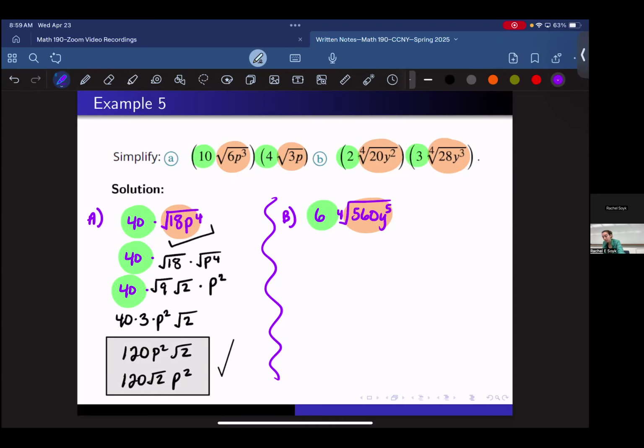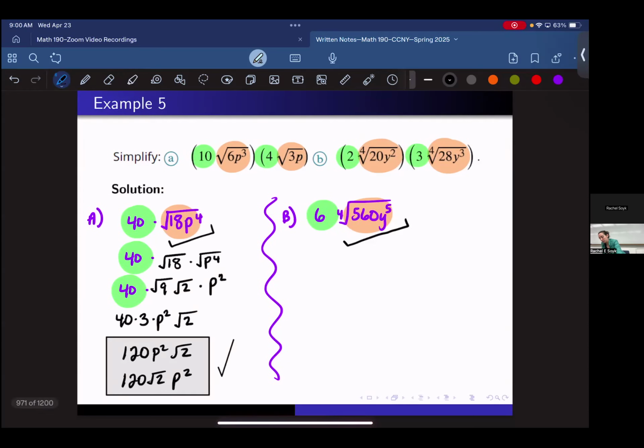And now let's simplify what's underneath the root here. So we're taking the quartic root. 2 to the fourth is 16. Does 16 go into 560? Good. Let's see. It goes in 35 times.